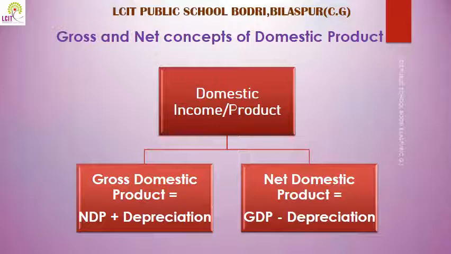In the previous chapter, I already told you the difference between gross and net. There is only a single difference, which is depreciation. So in gross, obviously depreciation is included. In net, the depreciation is excluded.